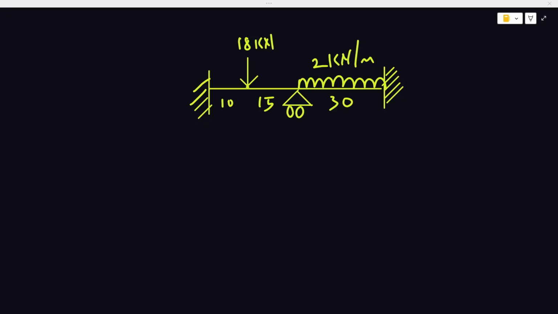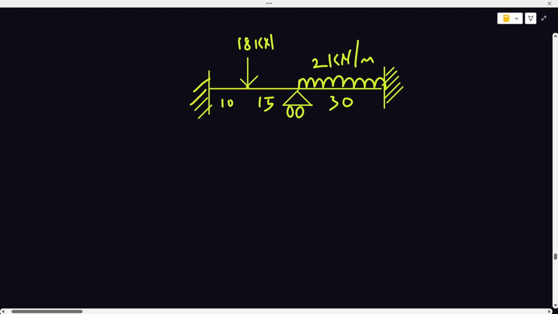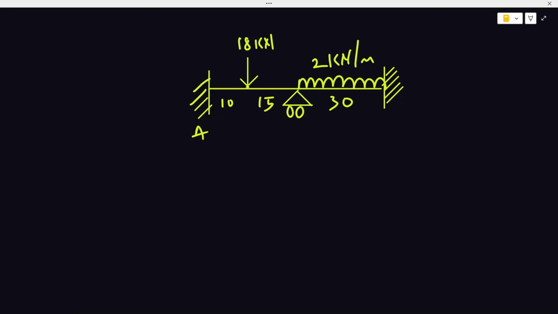So right here we have a structure, a beam. Let's call this A, let's call this B, let's call this C. Now, of course, it's an indeterminate structure.